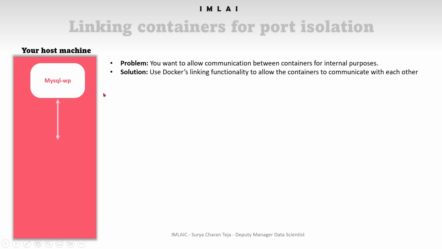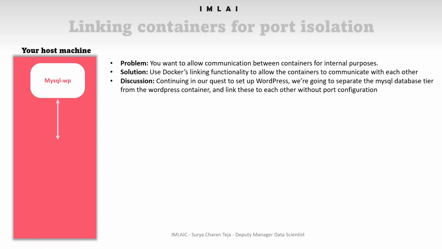In this host machine, this is my MySQL container, and the MySQL container will be connected with WordPress. So whatever you write as blogs inside WordPress will be stored in your MySQL database.